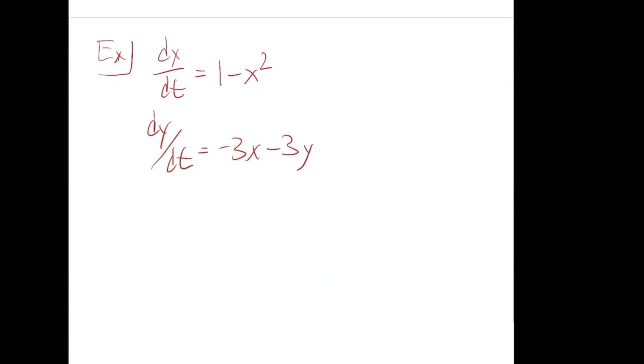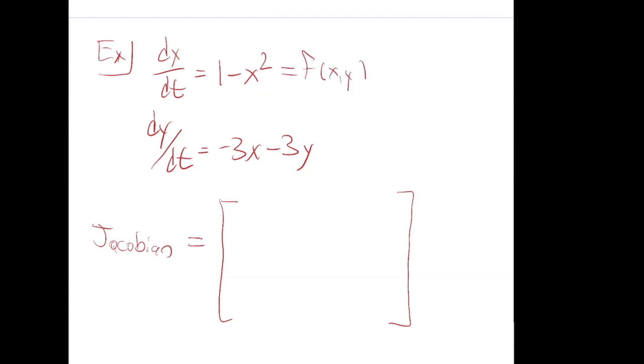And a Jacobian is a matrix of partial derivatives. So we're going to call, again, the differential equation for x, f, and the one for y, g.